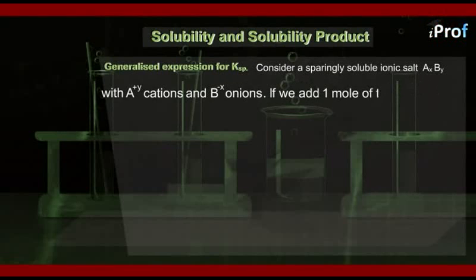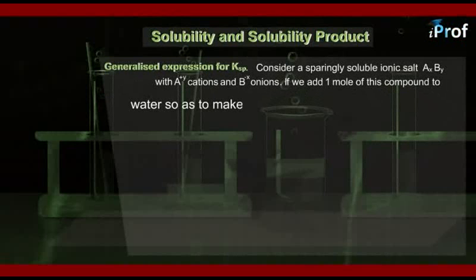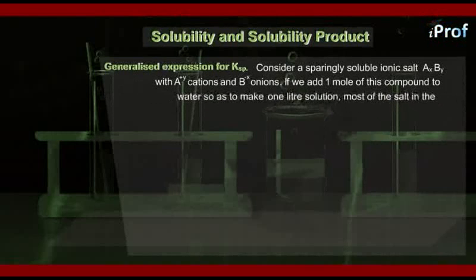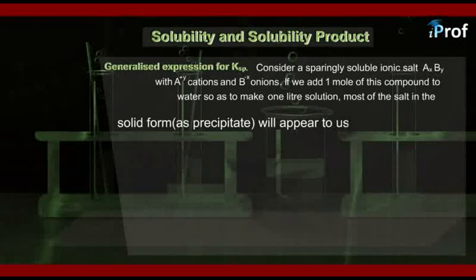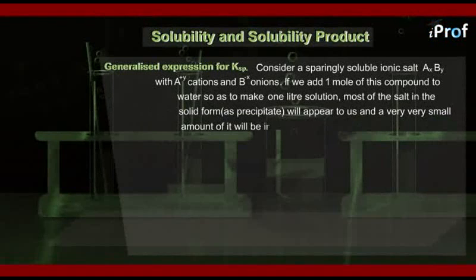If we add 1 mole of this compound to water so as to make 1 liter solution, most of the salt in the solid form or as a precipitate will appear to us, and a very small amount of it will be in the solution state. So we can write the equilibrium as AxBy equal to xA^(y+) plus yB^(x-).